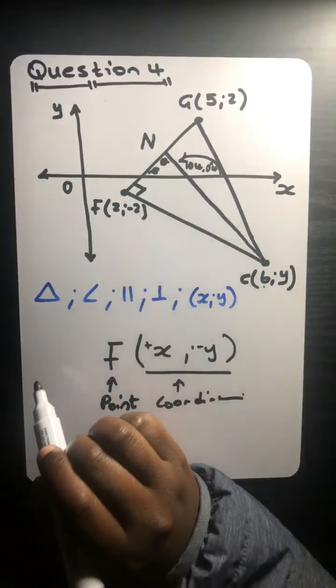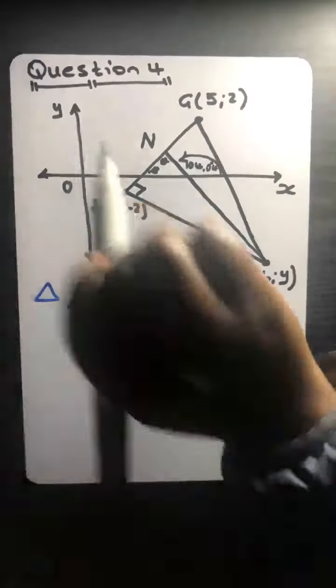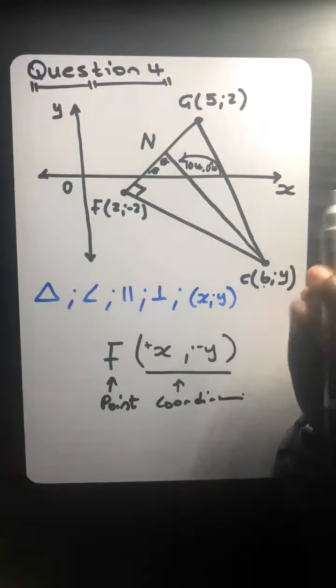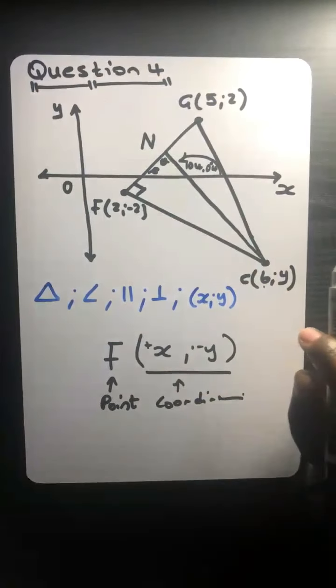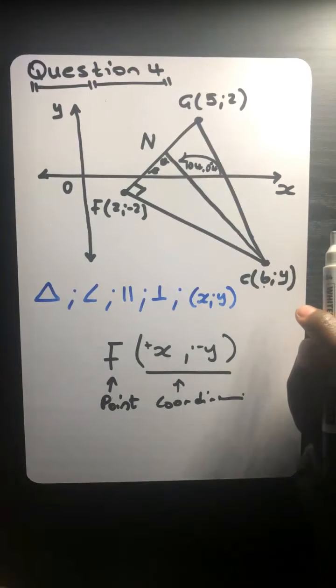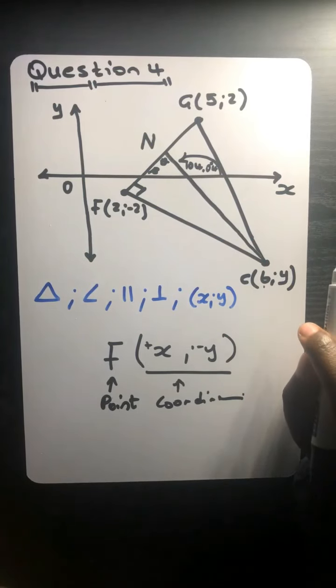If you get a positive answer, ladies and gentlemen, it means somewhere, somehow, you've done some wrong calculations. So when it comes to analytical geometry, guys, just be aware of the type of answer that you are expecting. In that way, you are able to visualize exactly what you should be expecting as part of your final answer. So let's proceed.